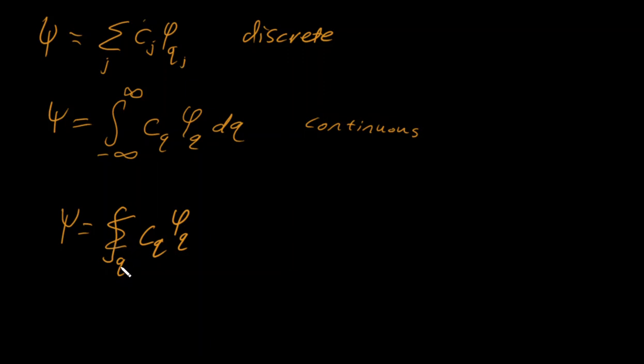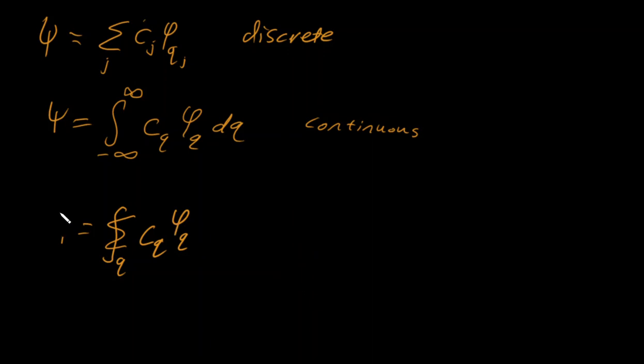The symbol over q basically means it's either discrete or continuous. It could be either, and we don't necessarily have to know. So it's a sigma, like a sum, with an integral in it, and that just means it's the superposition without acknowledging whether it's discrete or continuous. It's writing it in general.